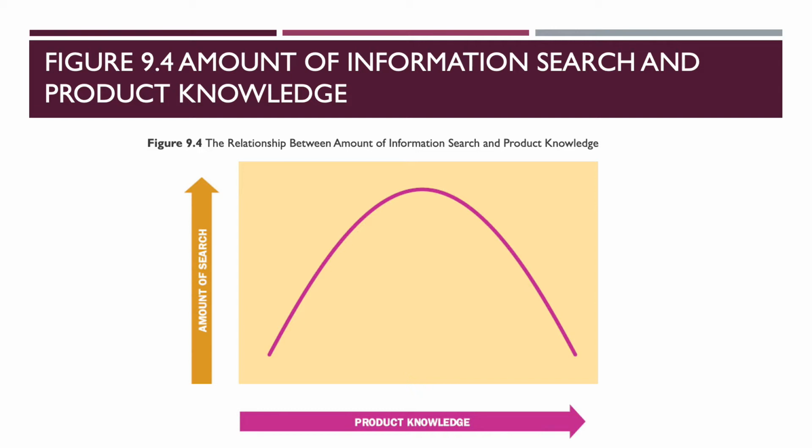Experts have a better sense of what information is relevant, so they engage in selective search. Novice consumers tend to process information in terms of the big picture instead of detailed information. So, who searches the most? Moderately knowledgeable consumers search the most.